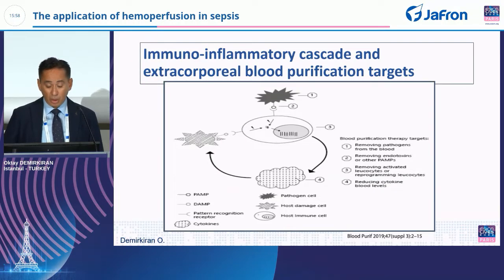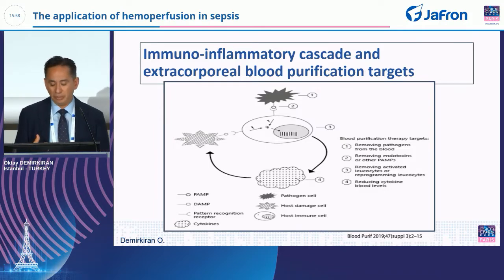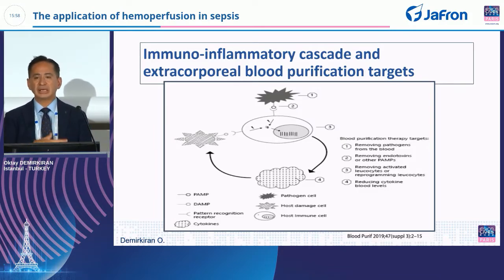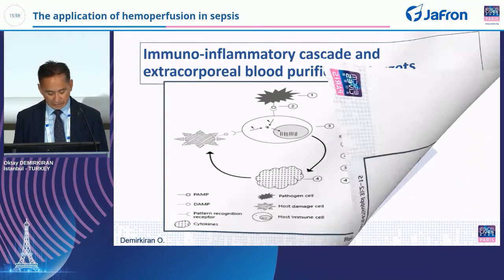The blood purification targets are removing the pathogens from the blood, removing endotoxins or other PAMPs, removing leukocytes and reprogramming leukocytes, or reducing cytokine levels in the blood.